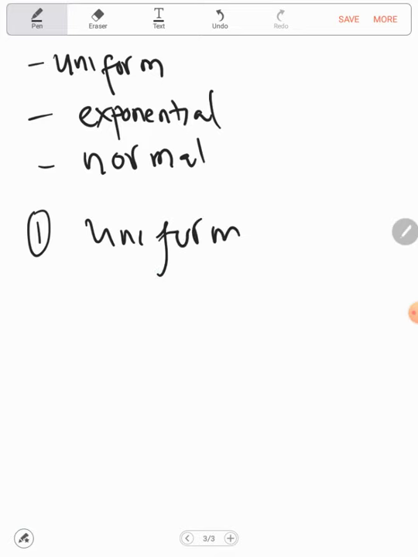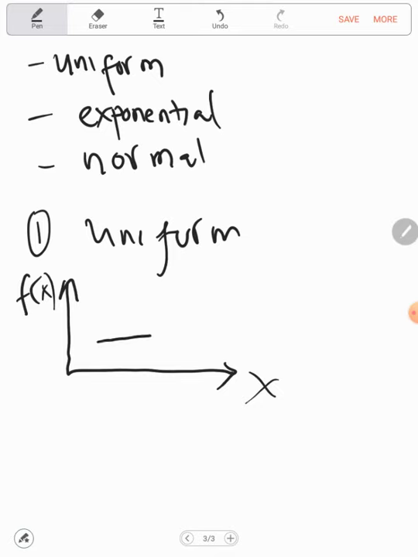The uniform distribution has a rectangular shape. So there you have your PDF, and there you have your variable x, and you have A, B. This gives us a rectangular shape.